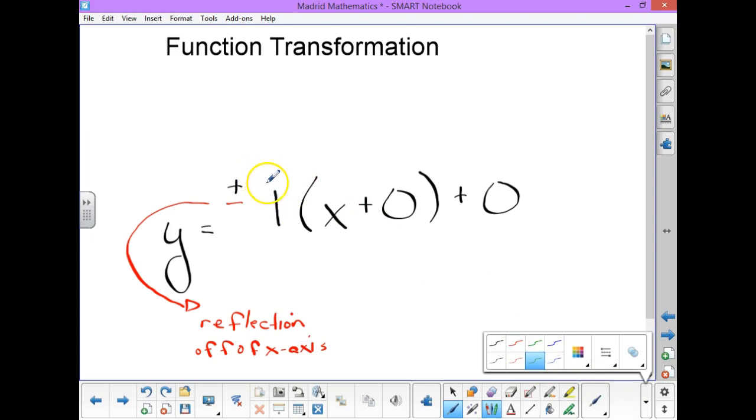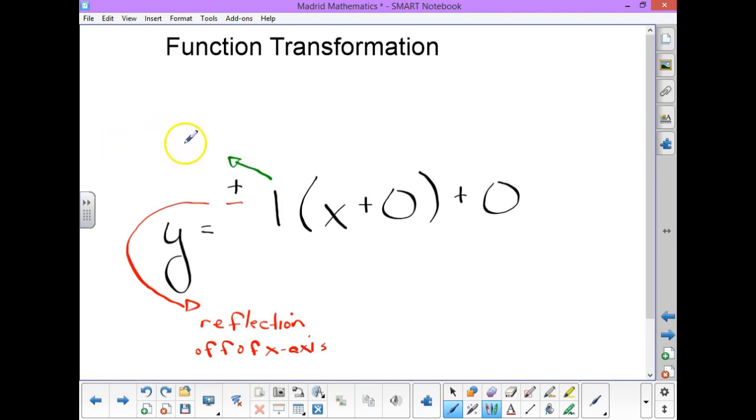Next, this value: if it is a 1, that's standard, no transformation. But if it's bigger than 1, you're going to say that it is a vertical stretch of whatever number's here.